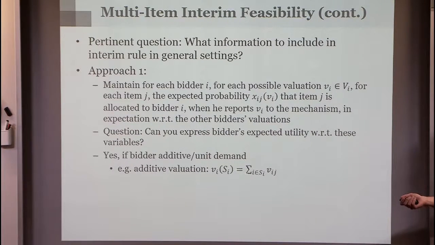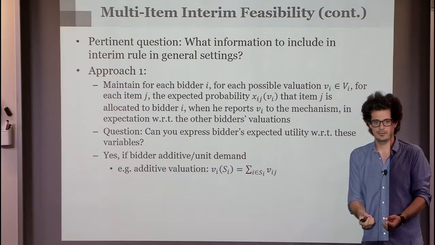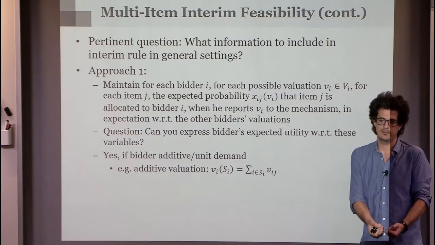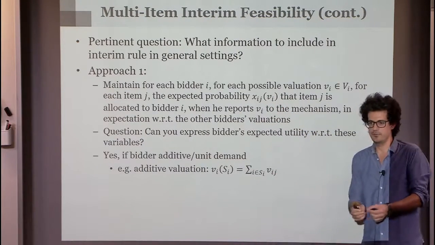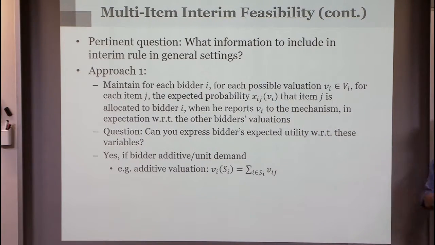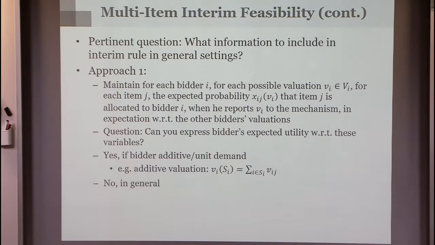Because if a bidder is additive and he's summing the values of the items in the bundle you give him, then if you know the interim rule, you can exactly understand his expected utility, his expected value, because you can take an inner product of these probabilities with the vectors of values characterizing his additive valuation. But it's not true in general.